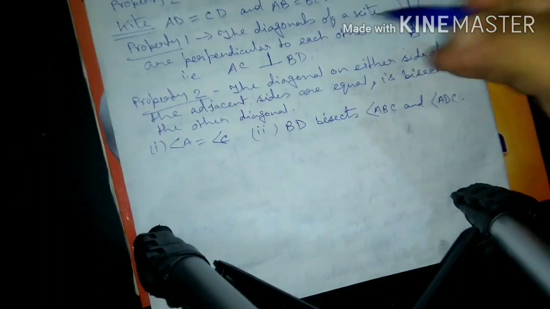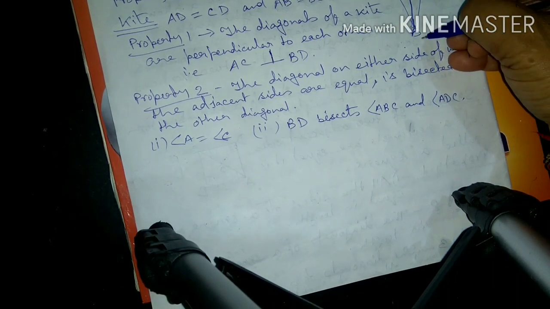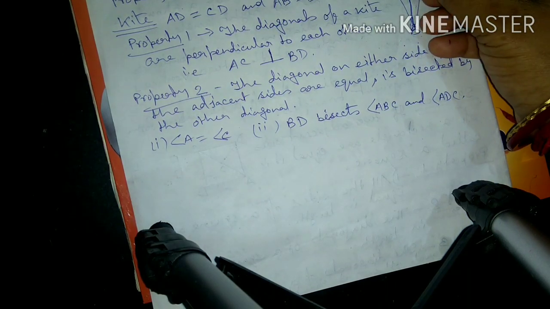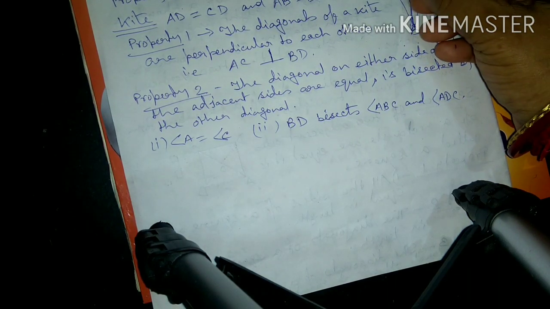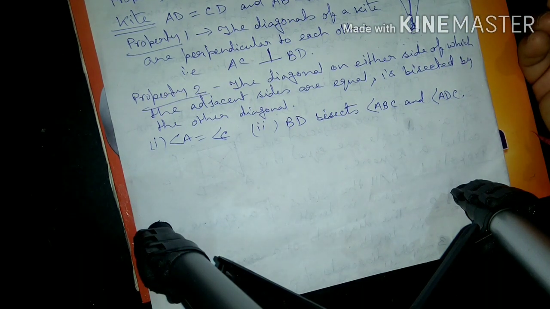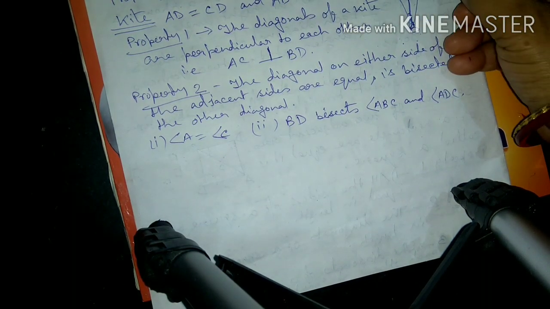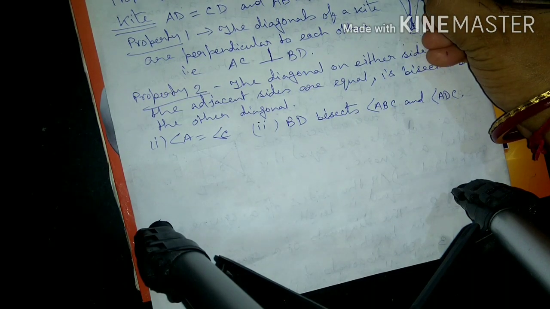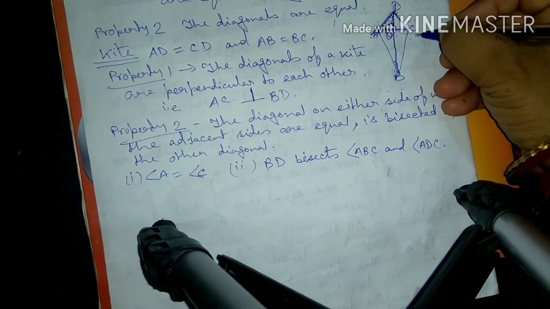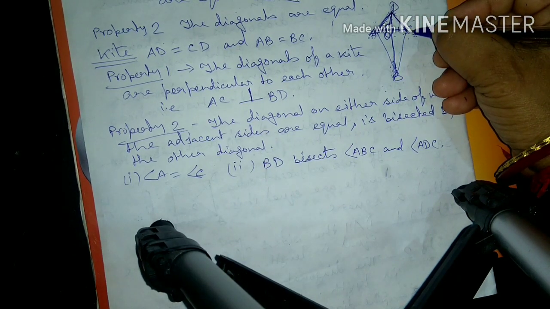That is property 1. And property 2 is what? The diagonal on either side of which the adjacent sides are equal bisects the other. We have seen AD equals BC. So this is the opposite side of this diagonal. That means this BD bisects AC. That means if this is the bisector, then AO equals OC. Who is making this diagonal into two halves?